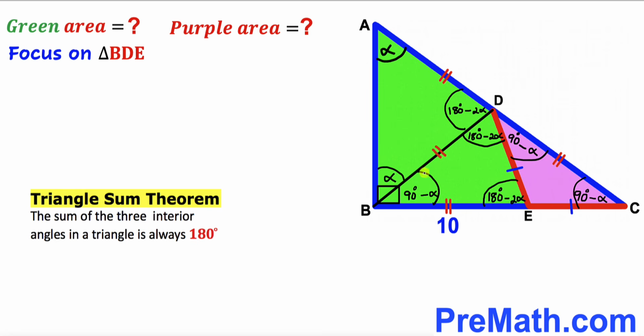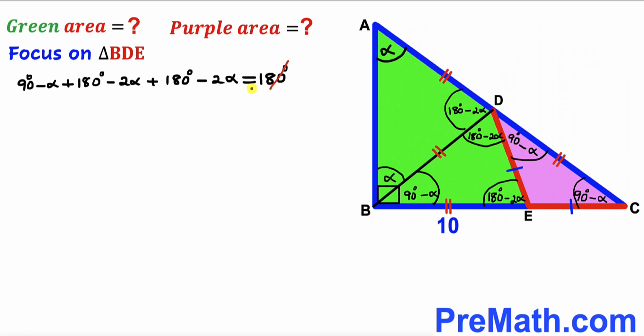So let me go ahead and write down three angles: 90 degrees minus alpha plus 180 degrees minus 2 times alpha, and plus likewise 180 degrees minus 2 times alpha must be equal to 180 degrees. And here we can see 180 degrees and 180 degrees, they are gone.